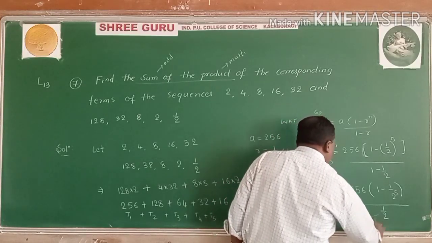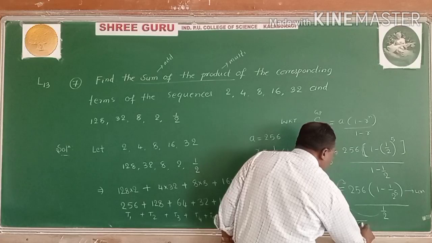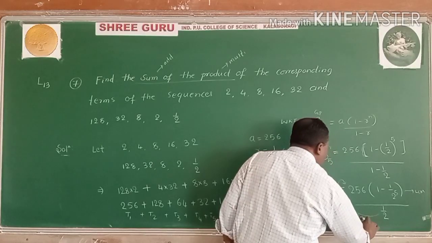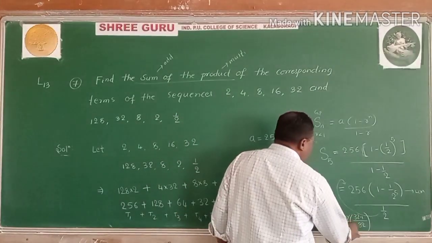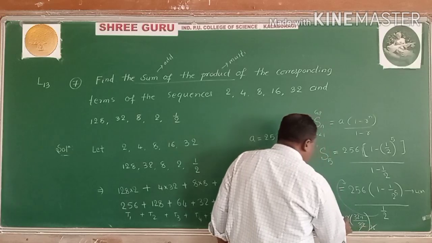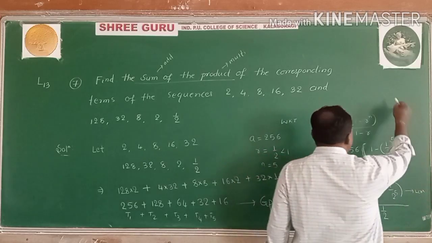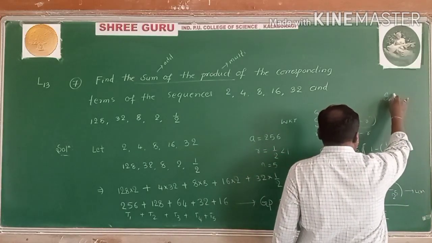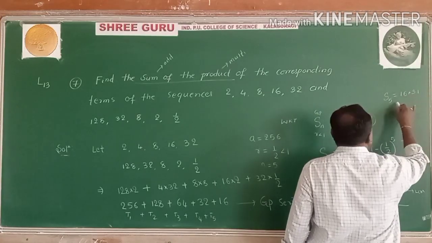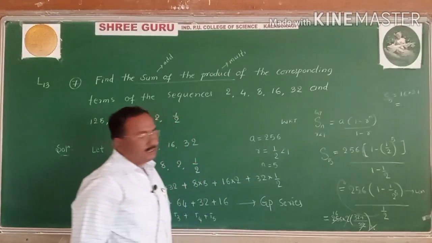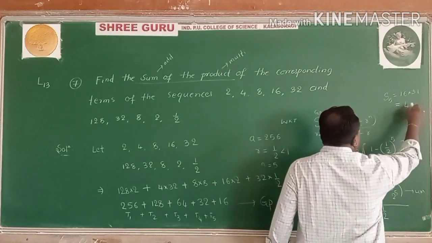Apply LCM: 2 power 5 is 32, 32 minus 1 is 31. Two 16s are 32, 16 times 16 is 256. So S5 is 16 into 31, which is 496.